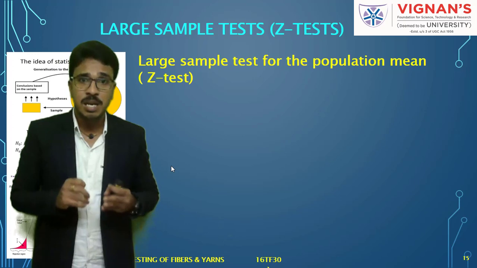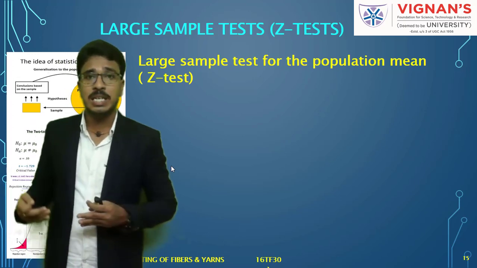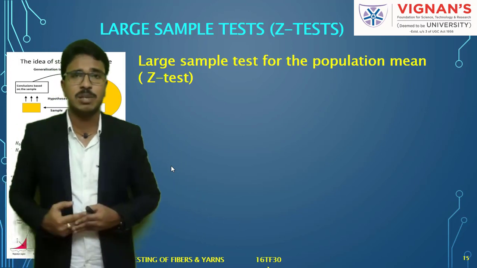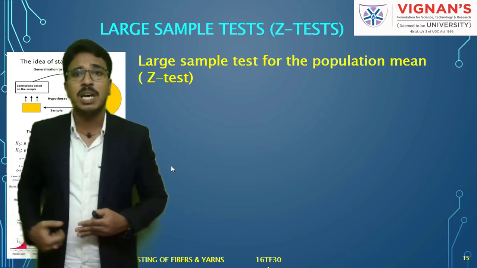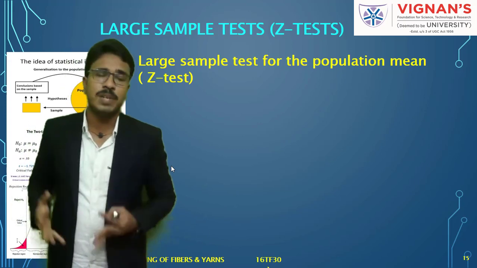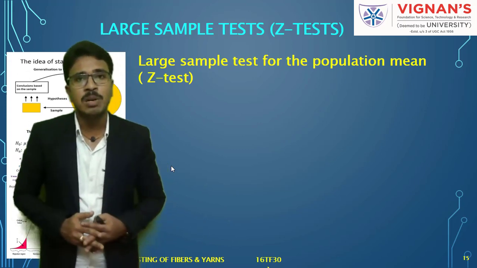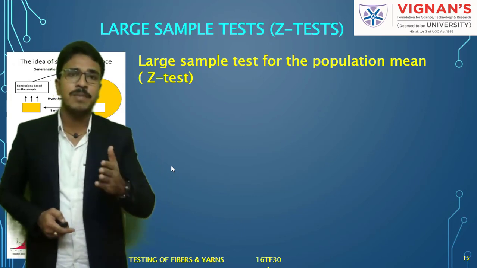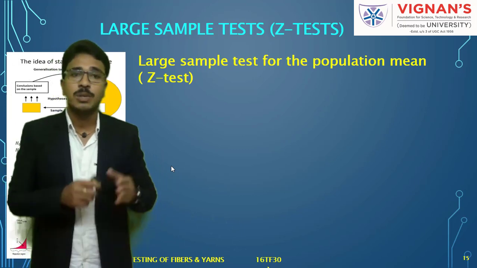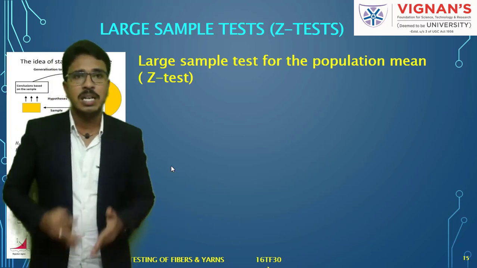Understand? So that is how we use Z test and T test, and we have different types of tests also, like ANOVA and chi-square test. So depending on what kind of parameters we need to test and what is our sample size. Okay, so this is what we have discussed till now.